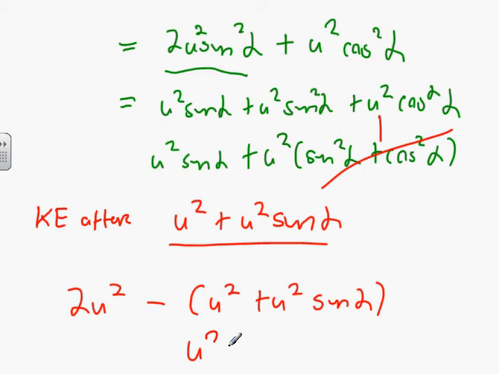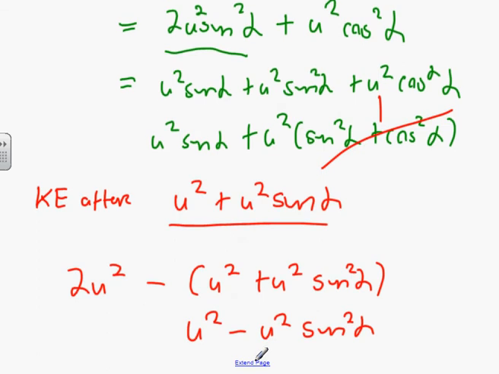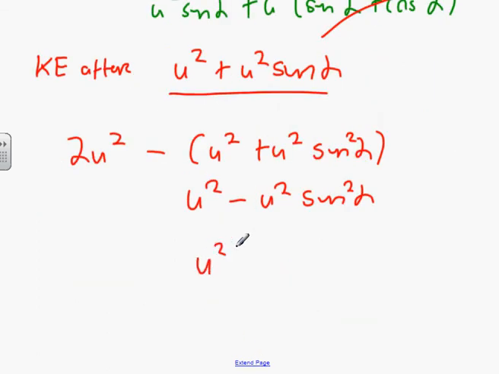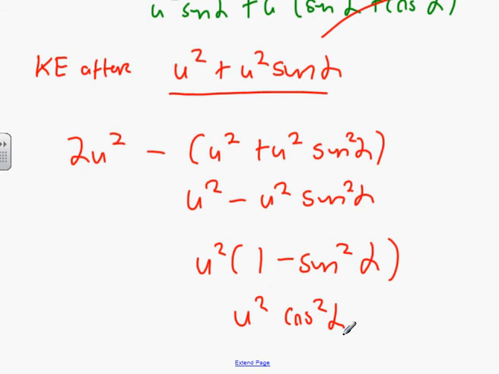We're going to get u squared minus u squared sine squared alpha. Take out the u squared, and what happens next, guys? Can anybody tell me what 1 minus sine squared alpha is? I'm basically just changing it back. It's u squared cos squared alpha. And that's your answer.